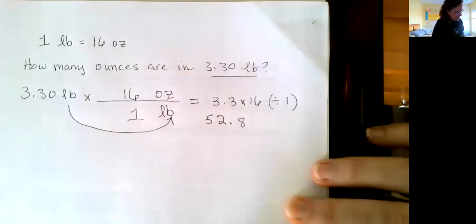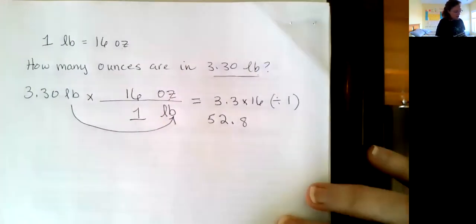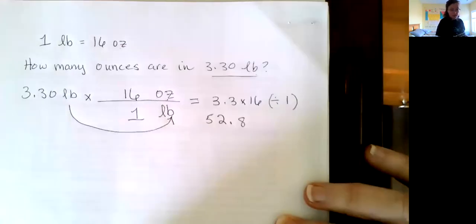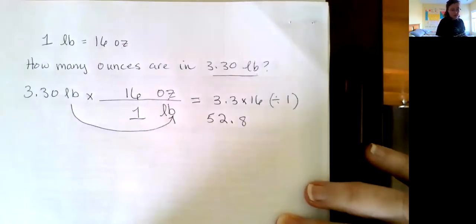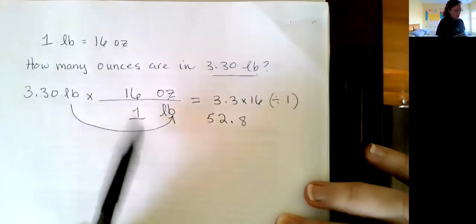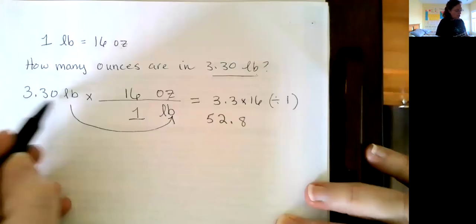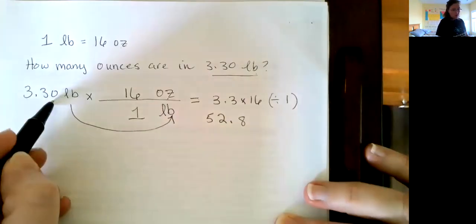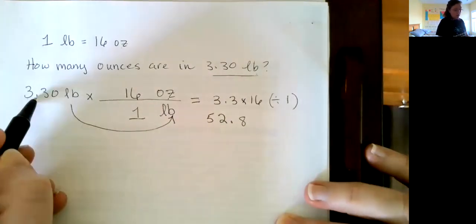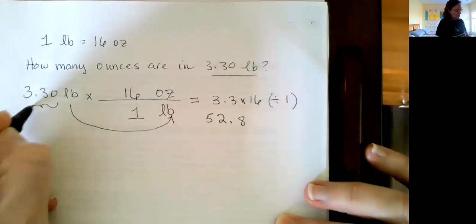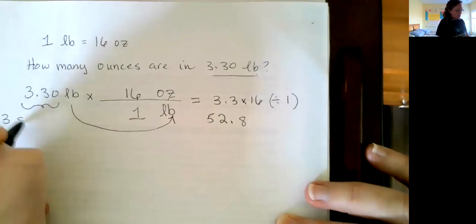52.8, and I love it because we have some interesting information. Are we going to pay attention to these numbers here for significant figures? No, these are standard numbers. We ignore these. How about this number, 3.30? There is a decimal point, so the 0 at the end is significant. This has 3 significant figures.